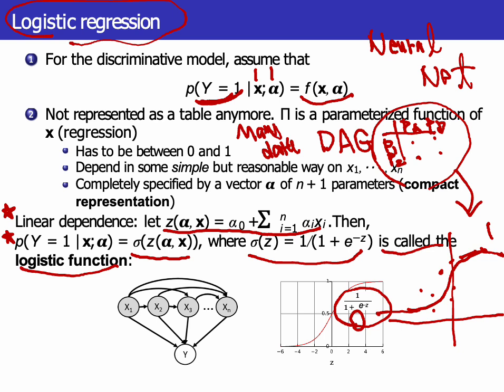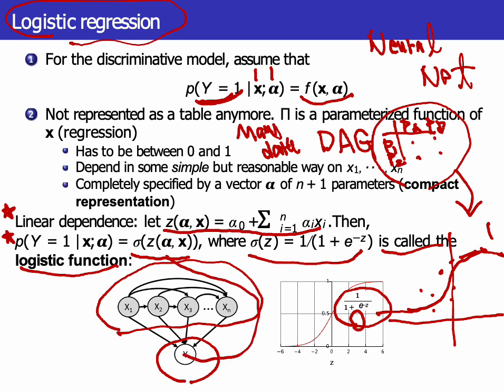You have an input and you get z, and you put this z into sigma, and this sigma function is the logistic function. Anyway, if you learn the very basics of the neural network, you learn these logistic functions.